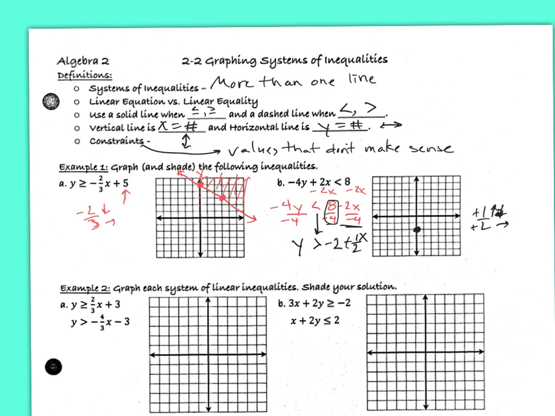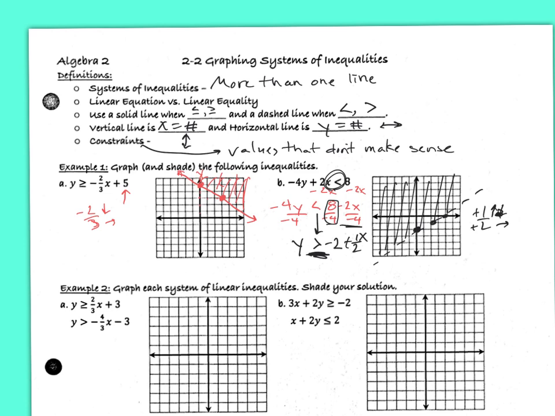Got to pay attention to that. So we'll go up 1 to the right 2 as many times as you need to draw a good line. Dotted, because there's no line under the symbol, and we read the symbol when we're all done here, it is greater than, so we want to be above the line.